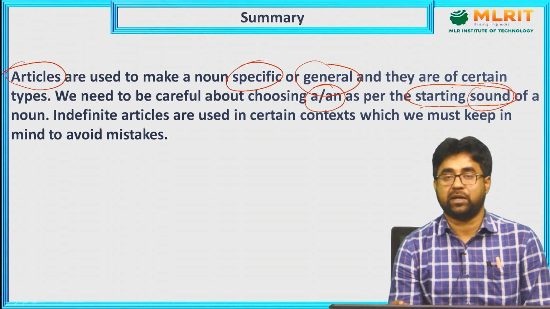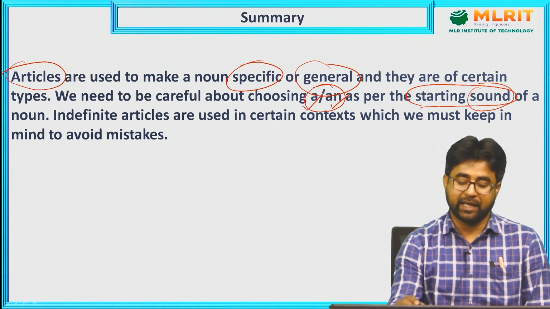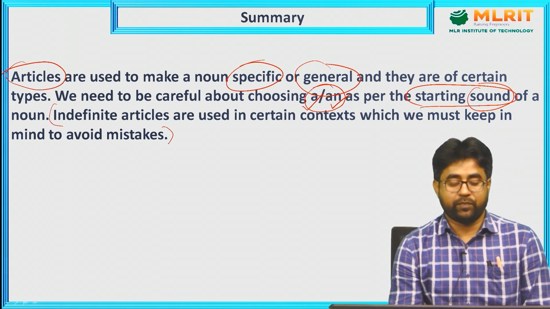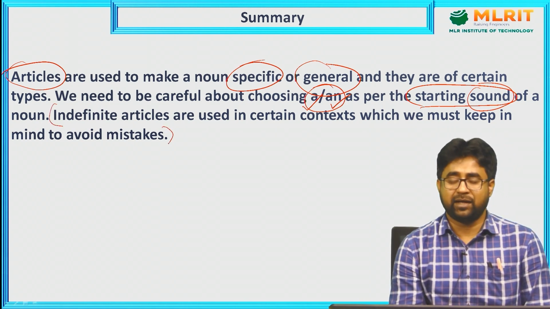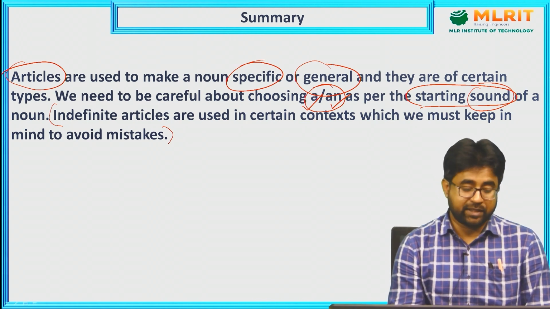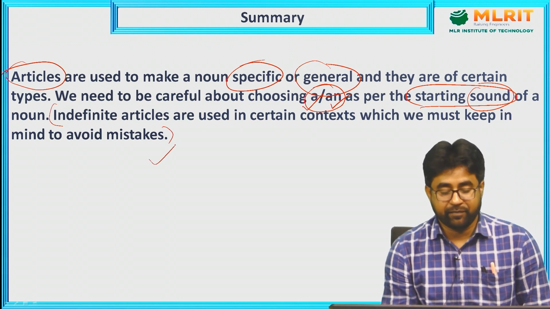If it is a vowel sound, we are supposed to use an. If it is a consonant sound, then a. And then we got to know about the usage of indefinite articles: the contexts in which we are supposed to use the indefinite article. So in short, this is all about indefinite articles.